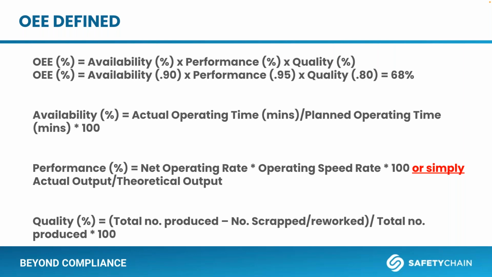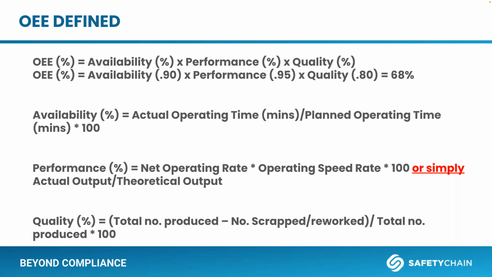So again, just moving forward, OEE, definition of OEE, there's 3 components: availability, performance, and quality. And so it's a product of those 3 components. So in this particular example, availability, we have 90% availability, performance 95%, and quality is 80%.